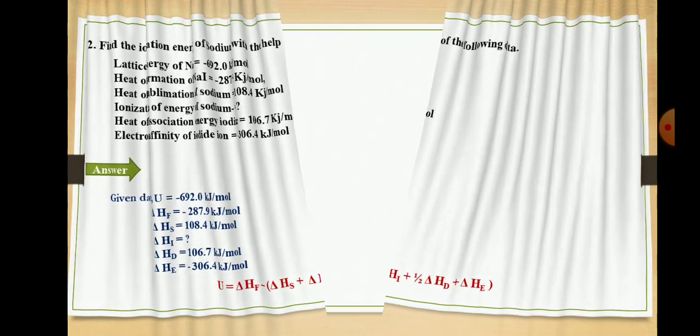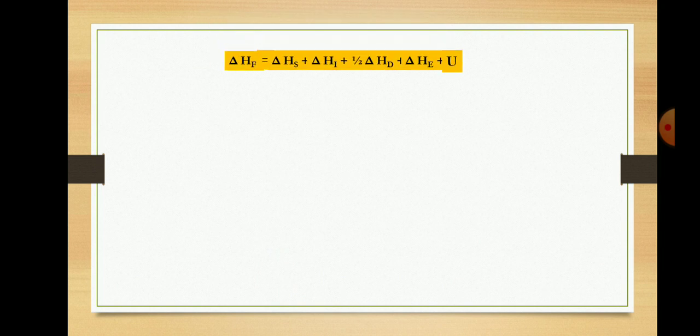Now students, for solving this numerical we require this equation. So very simply, from Hess's law, delta HF is equal to delta HS plus delta HI plus half delta HD plus delta HE plus U. We put the values from our given data: delta HF is given, minus 287.9, delta HS 108.4 plus delta HI, this is our goal.